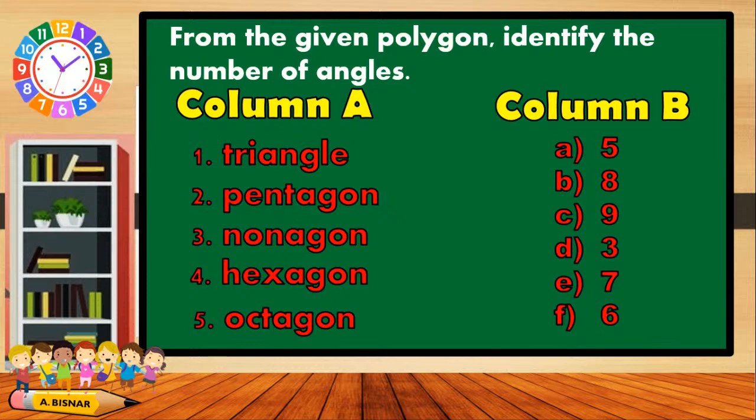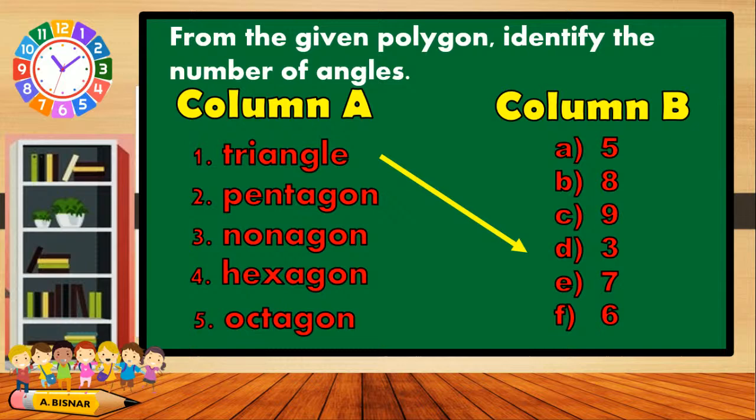Identify the number of angles of a triangle. Good afternoon kay Gulmatico and kay Marquez. Okay, that's correct. Number 1, the answer is letter D, triangle. Okay. How about with number 2, pentagon? So, nauna sumagot si Rodrigo.